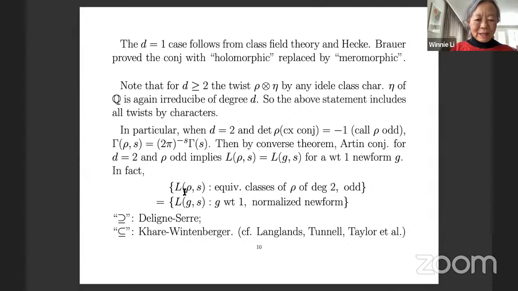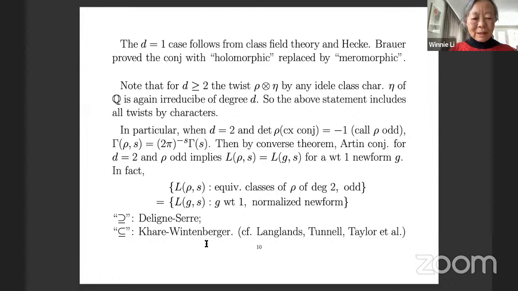In the other direction, every degree 2 odd Galois representation's L function is equal to the L function of a weight 1 form, and that is the result of Khare and Wintenberger, by applying Serre's modularity conjecture, which we are going to discuss in a while.